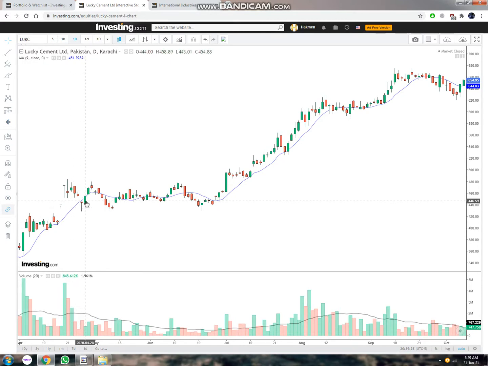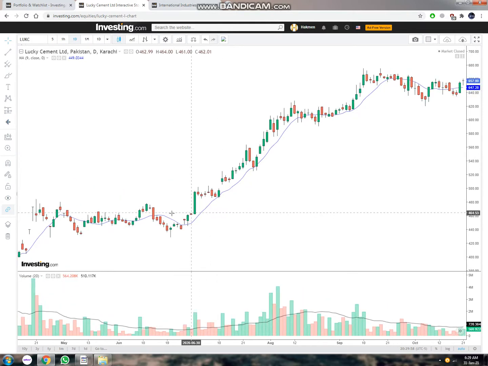In some cases, you buy at the moving average, which acts as a support level for the trend, and sell at the highest level. From here buy at this area and sell at this. This is also a great entry and exit point, because the moving average acts as a support level for the candlesticks, and this acts as a resistance level, so you have sold your stock at this level.